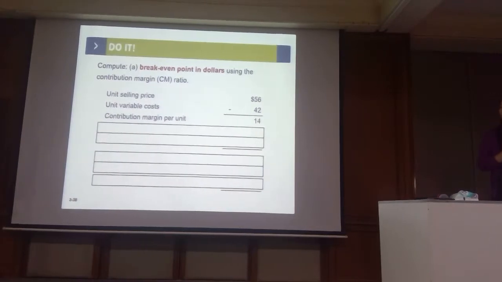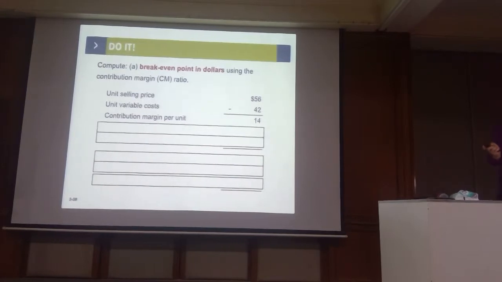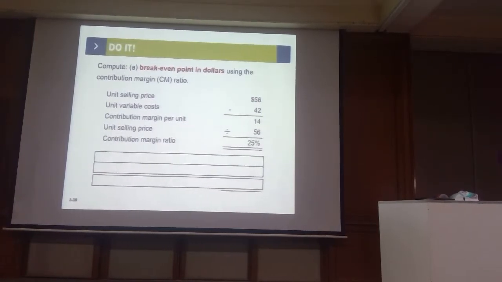So you get the contribution margin equal to 14. This is per unit information. And if you want to compute the contribution margin ratio, you just divide 14 by 56, and you get a contribution margin ratio of 25%.